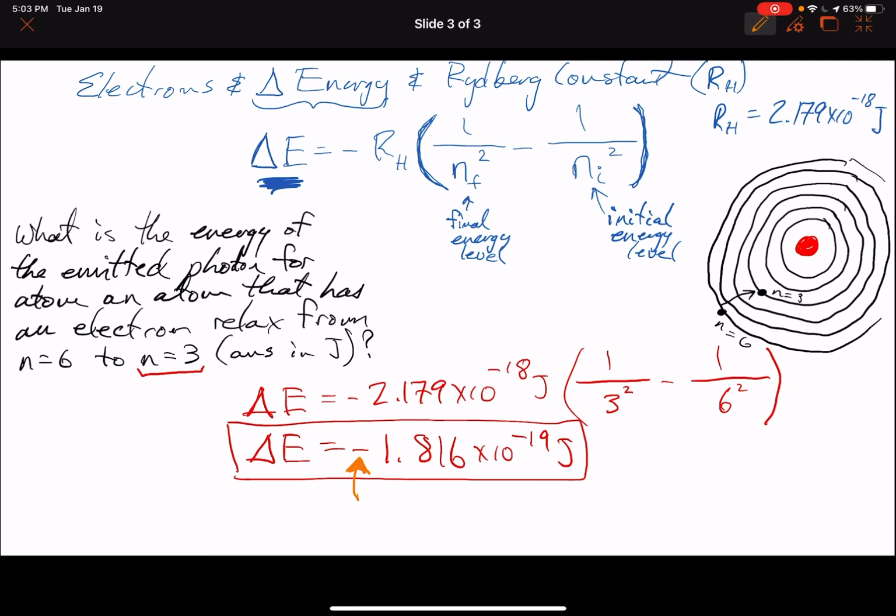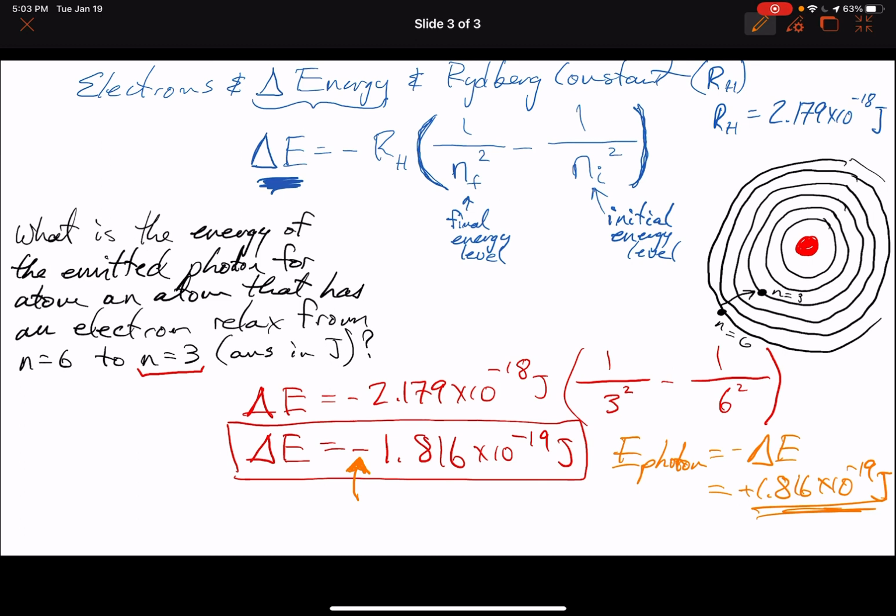So if the atom is missing this much, the energy of the photon that is emitted is going to equal the negative of this delta E, which means the energy of the photon is positive 1.816 times 10 to the minus 19 joules. That would be the energy of the emitted photon.